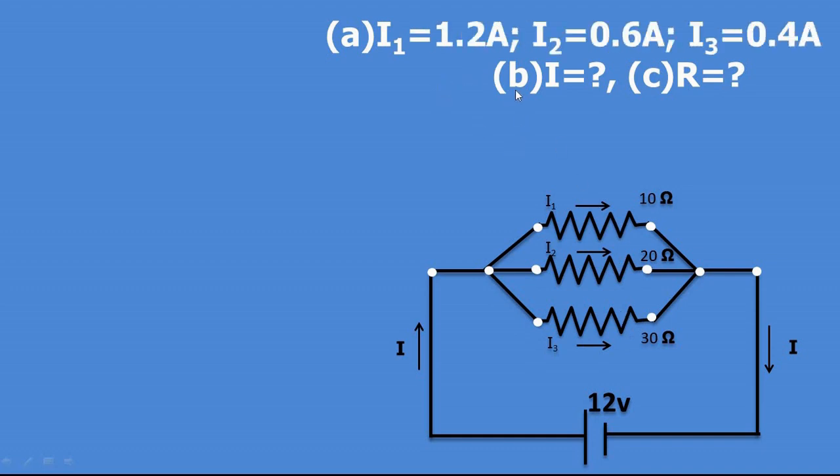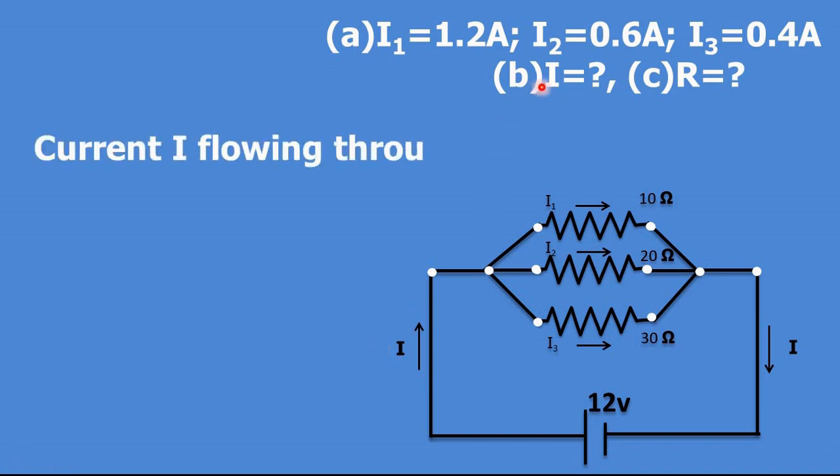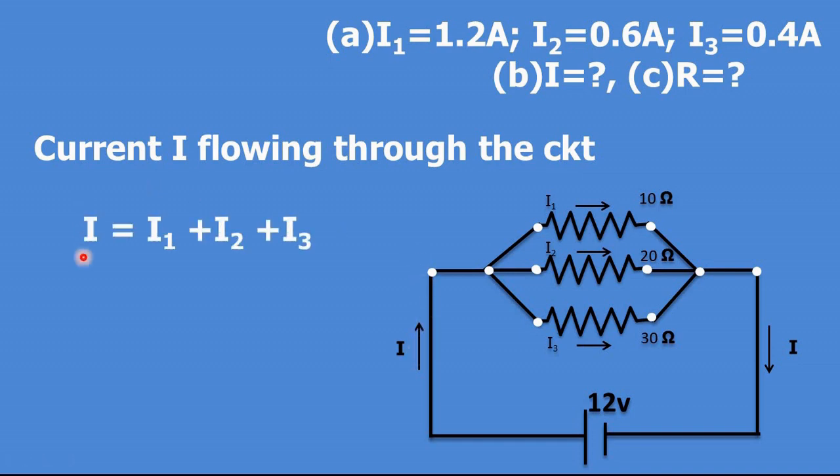Now we have to calculate the value of I, the current flowing through this circuit. The total current is simply given by the sum of the individual currents flowing through the branches.